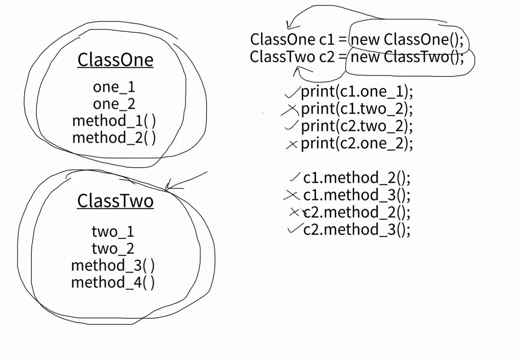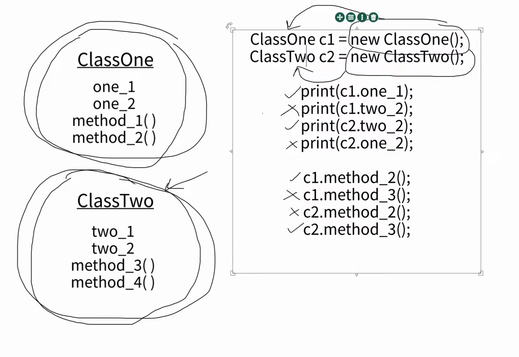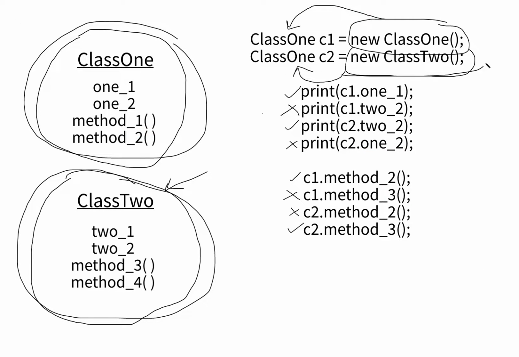Okay, so this is really straightforward, and when things get a little bit more interesting is when you do things like this. You take a class 2 object on the right side of the equal sign, and you save it into a variable that can contain class 1 objects. So what this is doing here is it is typecasting the class 2 object as type class 1 to stuff it into this variable. Okay. So what happens when you typecast an object from one type to another, to a superclass? You strip it of all its unique instance variables.